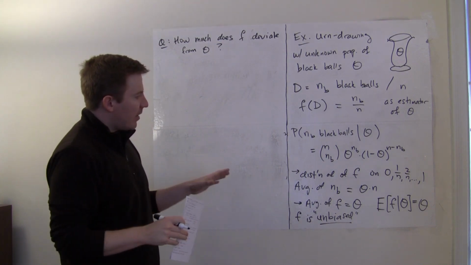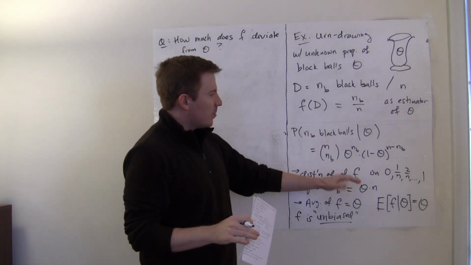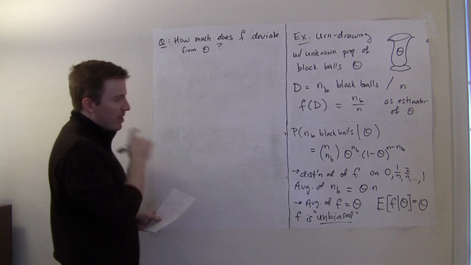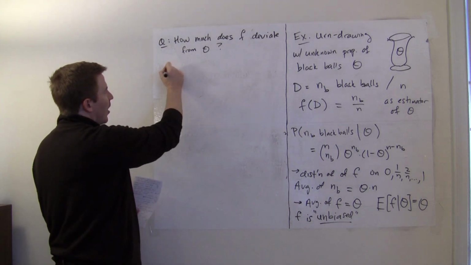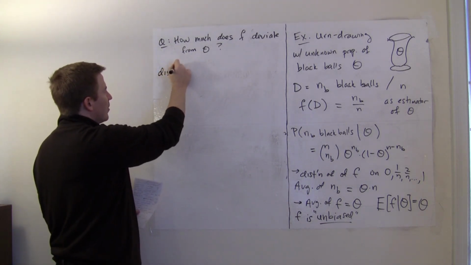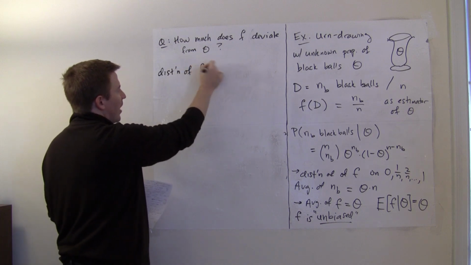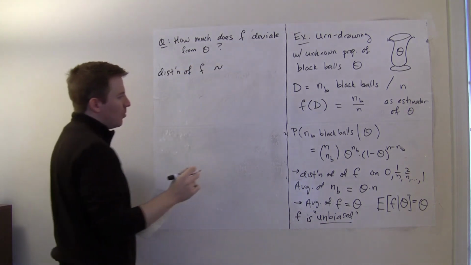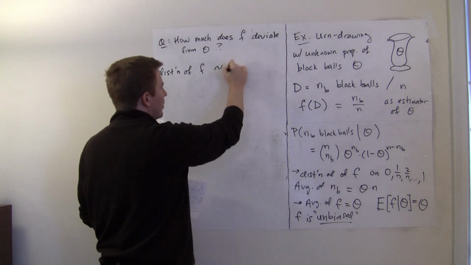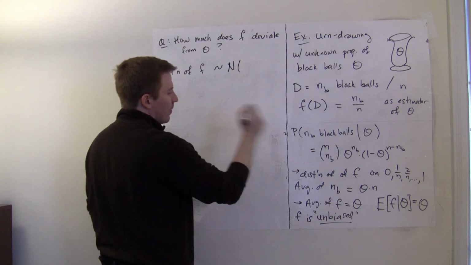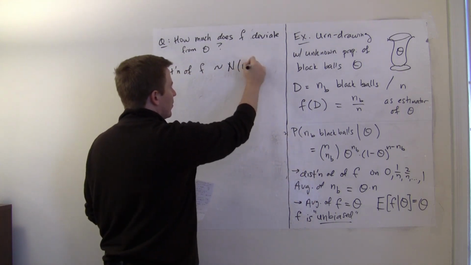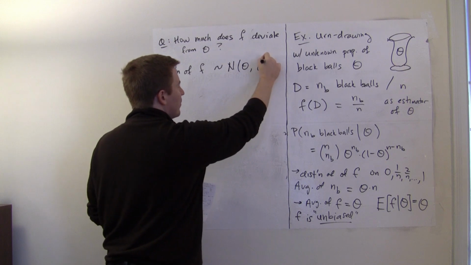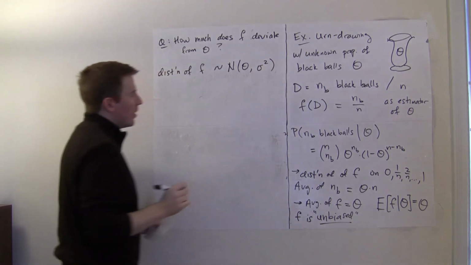For that, we can either write everything in terms of this binomial distribution, or we can just make the observation that the distribution of this number f is about equal to a normal distribution with the mean that we said already, which is theta, and some standard deviation sigma.